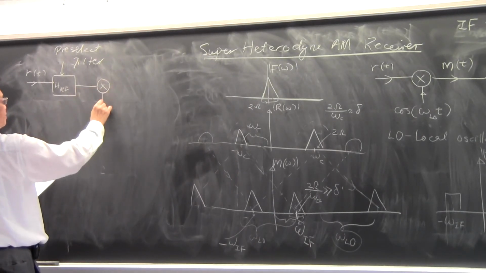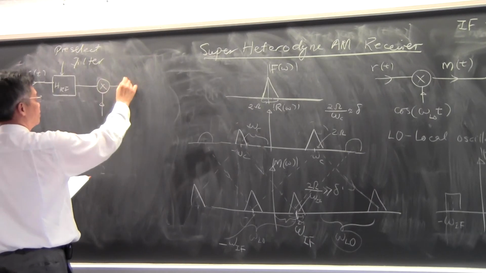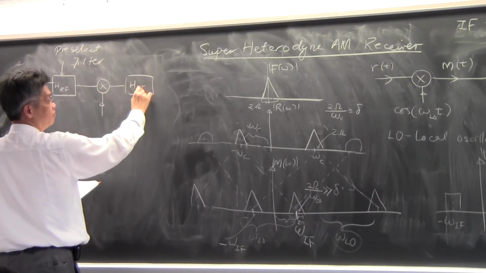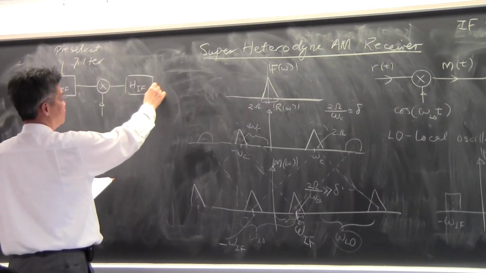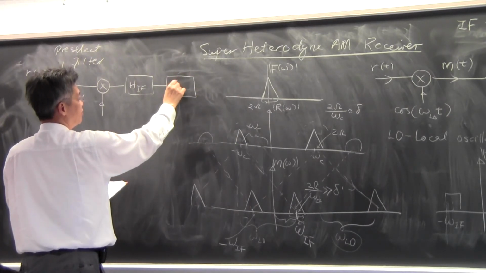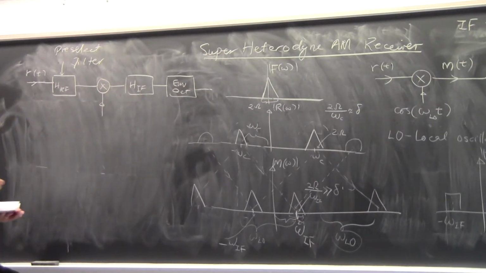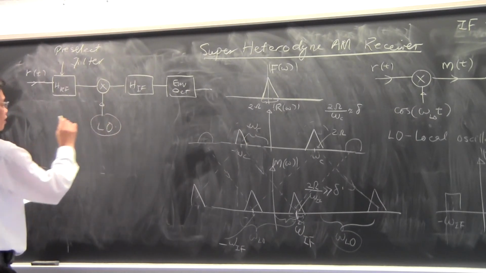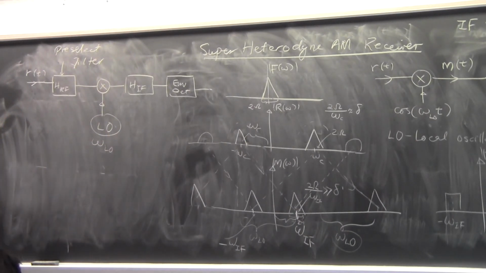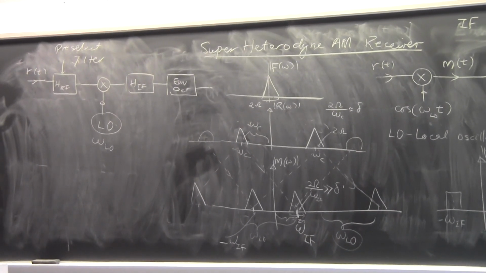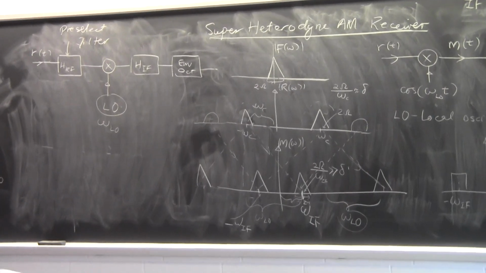And then you modulate, and then you go through IF, just like we did before, and then you do envelope detection if you want to. Okay, and then you do all kinds of things. So that is a way. This is the local oscillator, omega LO. And this is the way you can get rid of interference from image station. Okay? So these are called superheterodyne receiving systems, and they're quite complicated.